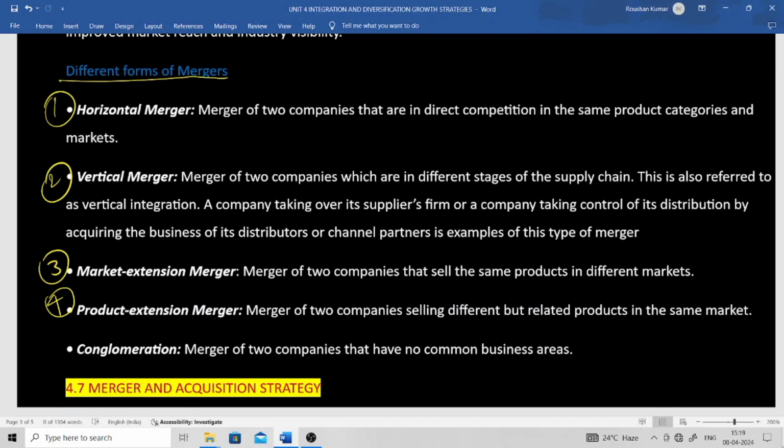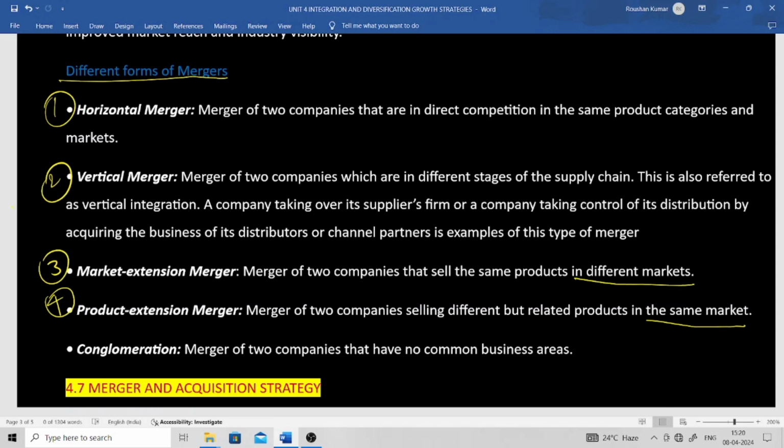They sell in the same market, but they may have the same or different products. Market extension means different markets, while here it is the same market. That is the difference between these two. Product extension means same market, but more products can be sold in it. In market extension, the same product will be sold in different markets.